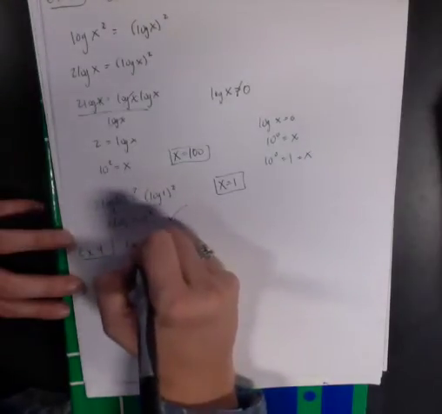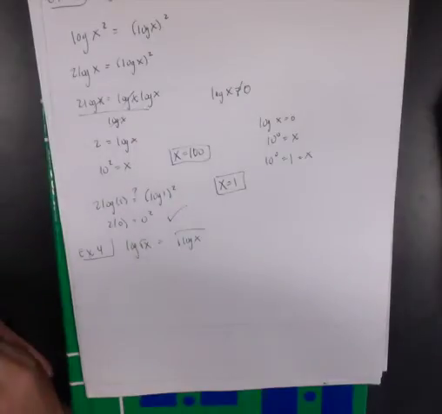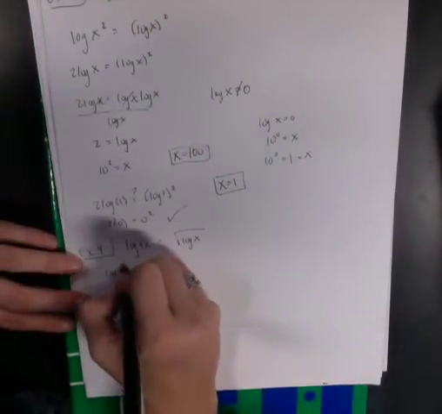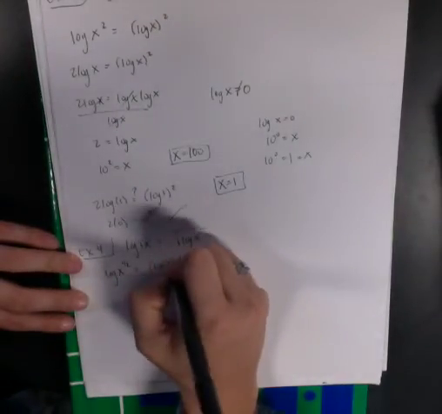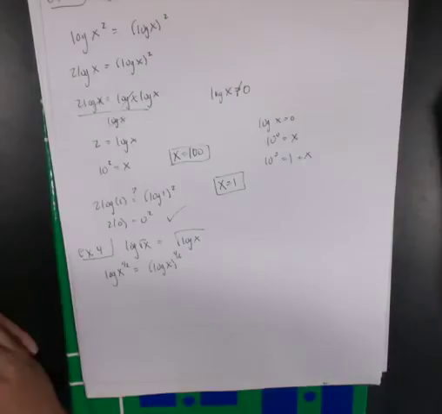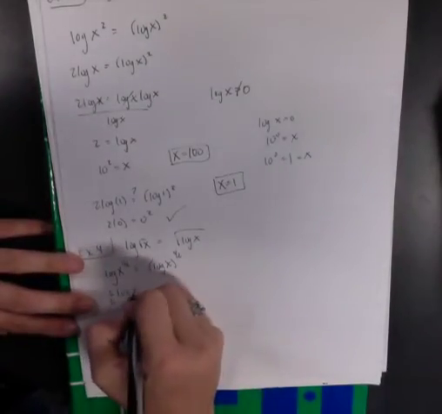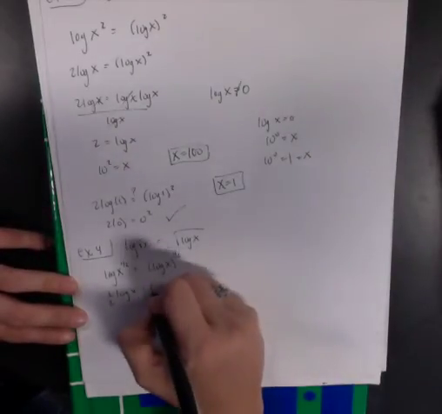If I have log of the square root of x equals the square root of log x, okay, we know that the square root of x, I can rewrite this as the log of x to the 1/2 equals the log of x to the 1/2. I bring my power in front, so I get 1/2 log of x equals log of x to the 1/2.